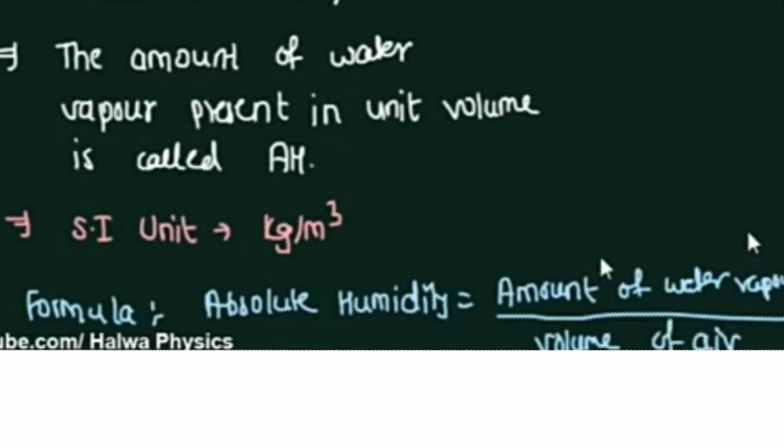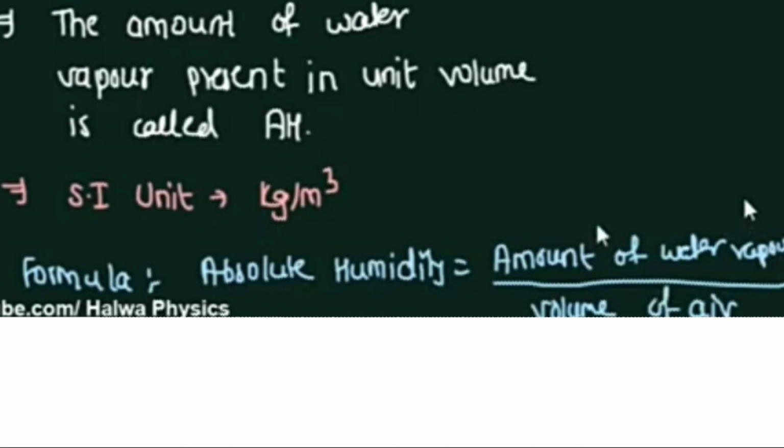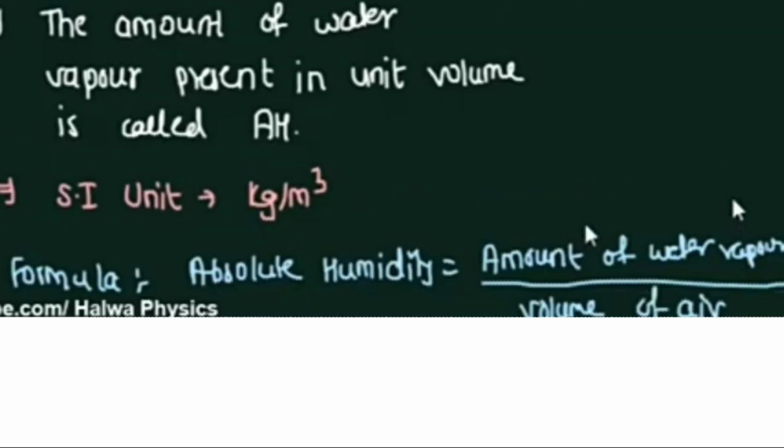Now every time we cannot just take unit volume, whatever air is there, whatever container or room you have taken into consideration. So how will the formula look? The absolute humidity is the amount of water vapor divided by the volume of the air.